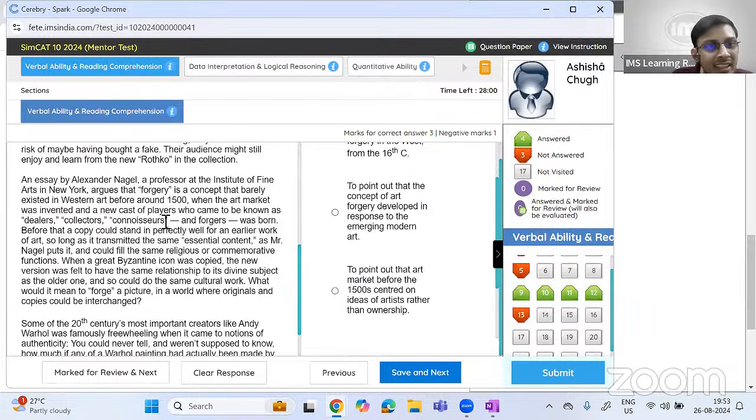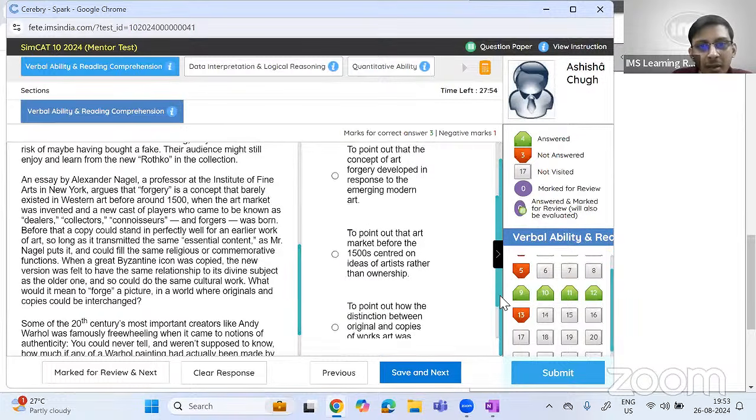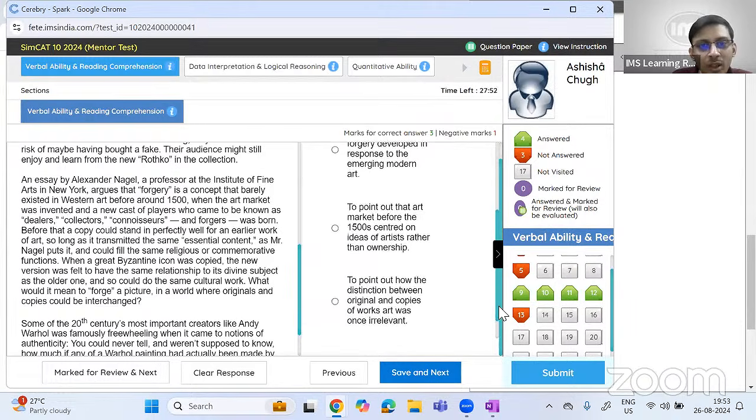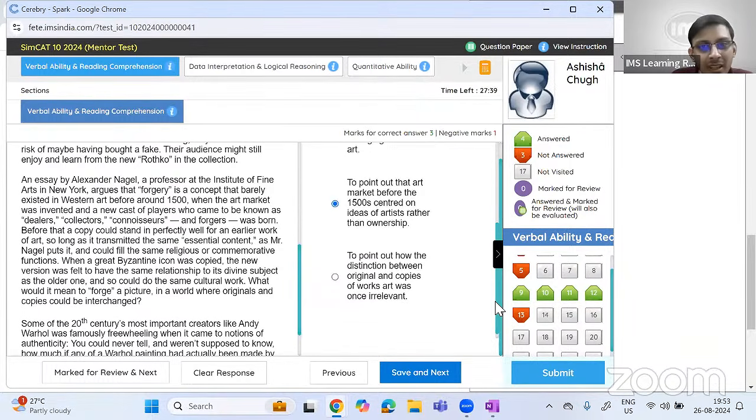I don't think anything about emerging modern art has been given here. No. To point out that the art market before the 1500s centered on ideas of artists rather than ownership. This seems to be appropriate because it's saying that originals and copies could be interchanged. So it seems to be more about ideas of artists than ownership.